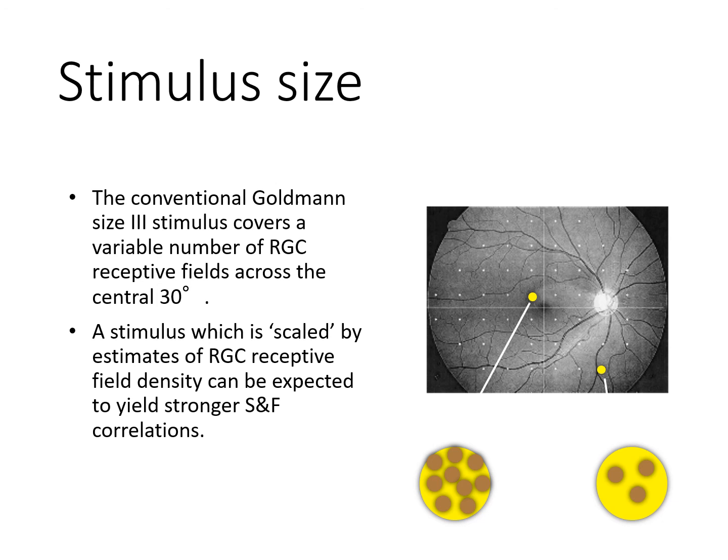So in the central part we will have more ganglion cells and receptors. In the periphery we will have fewer receptors and ganglion cells. So this could be another problem when we are looking for structure-function correlation.